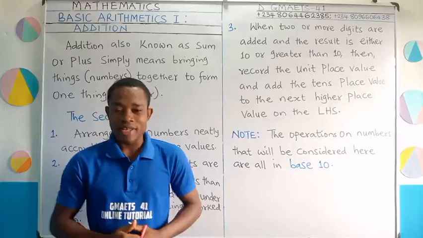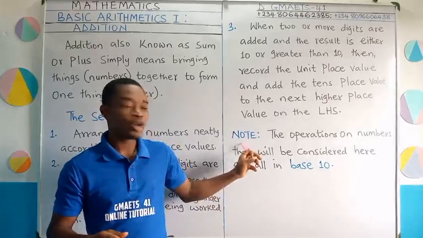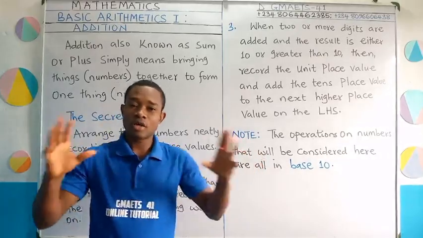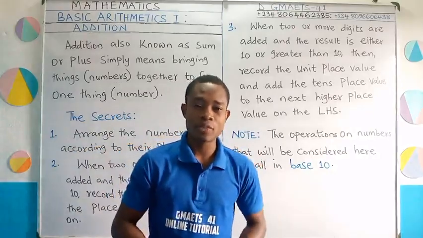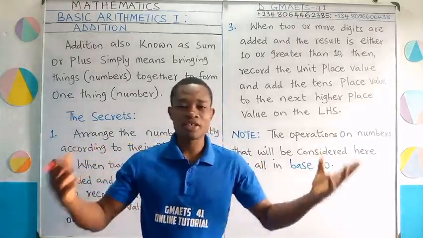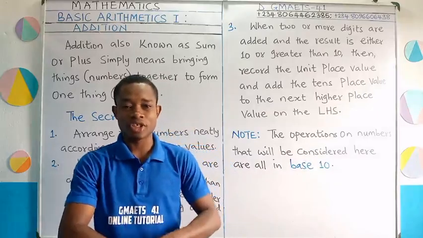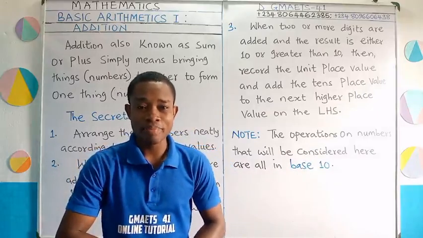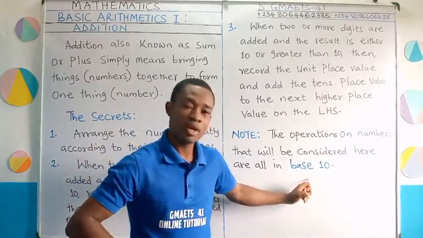Having explained this, I'd like to tell you to take note of this. All the calculations we're going to do under this basic arithmetic, under addition, subtraction, multiplication, and division, are going to be in base 10 numbers.